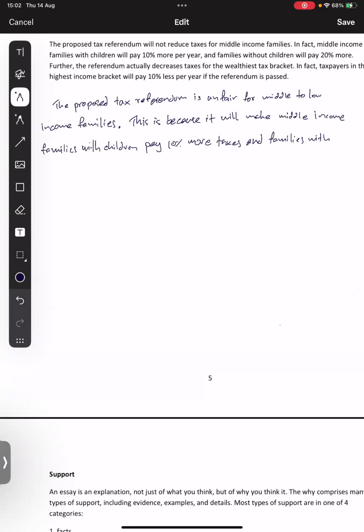And families without children pay 20% more taxes.